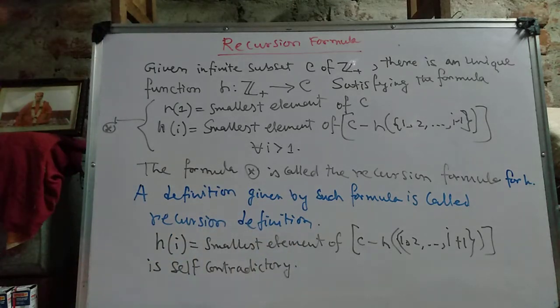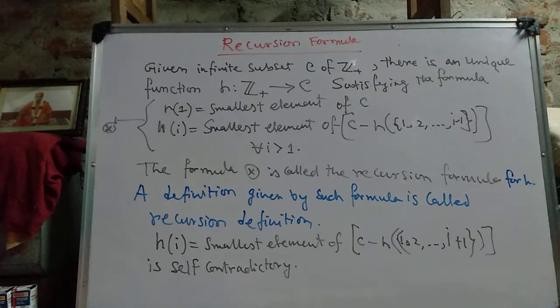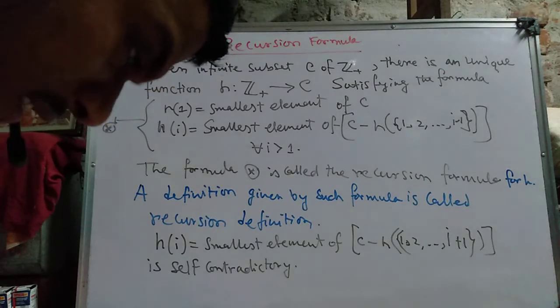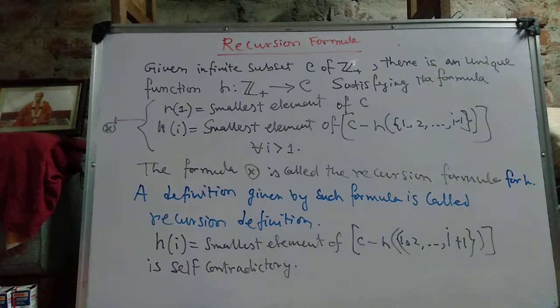This formula says that h(i) does not belong to the set, so h(i) is an element of the set which does not belong to the set.